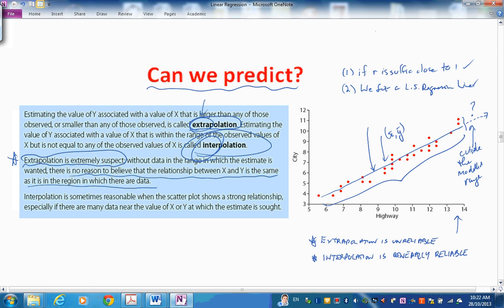Now, with a couple of provisos, the provisos up above: was there a good correlation? Was R sufficiently close to 1? Not much sense in fitting a regression line and trying to use it to model or predict within a range if there wasn't a close association. So from Pearson's, interpolation is sometimes reasonable when the scatter plot shows a strong relationship, and there we would say probably R greater than 0.5.